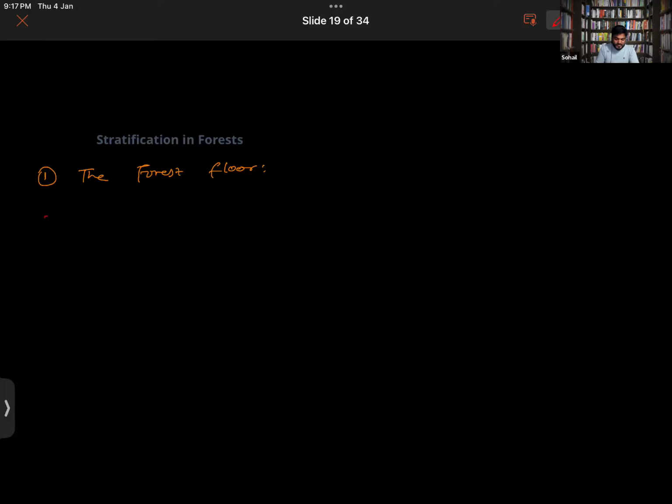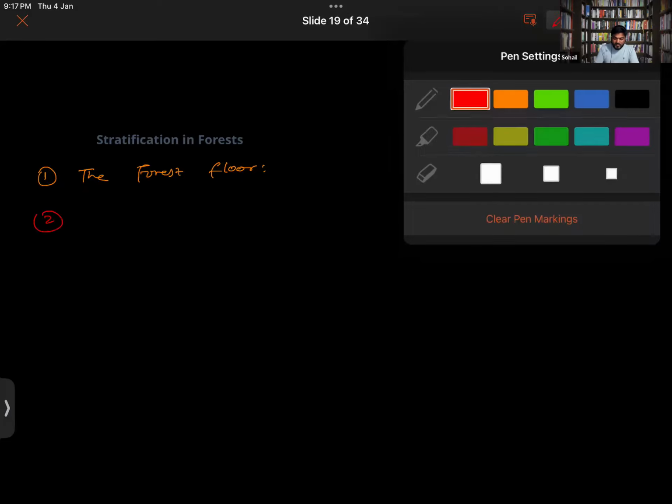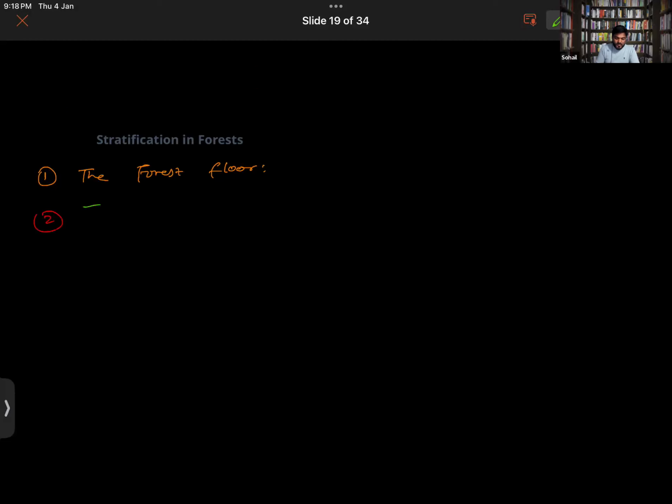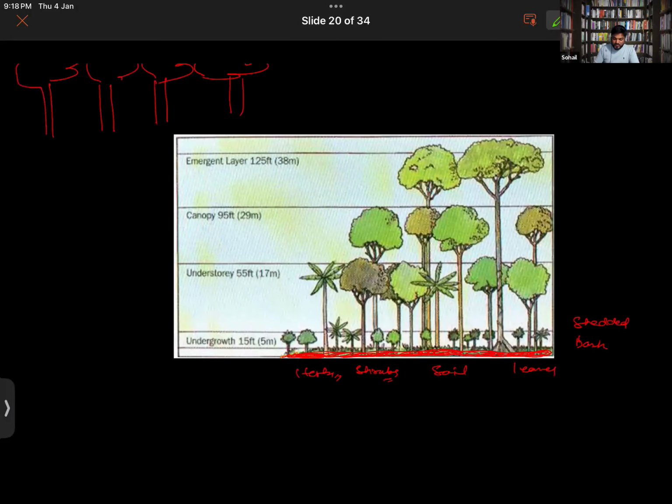That is what forest floor means. Second thing you will be having here is the herb layer. Okay, now the herb layer. So look again over here.